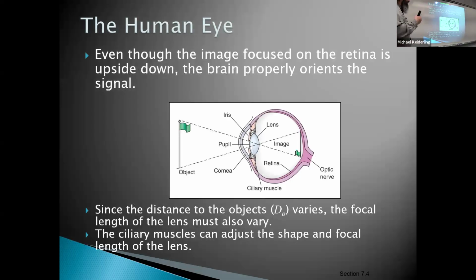The human eye has a lens. It makes a real image on the back of your retina that allows you to see things. The image is upside down, but your brain just flips it right side up.